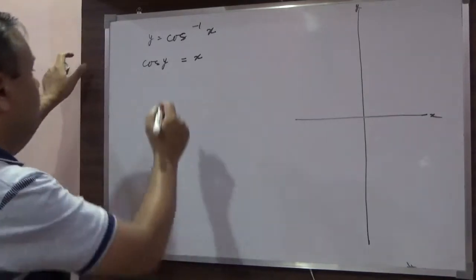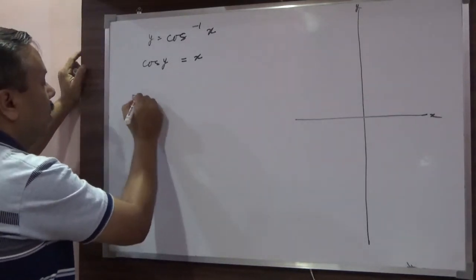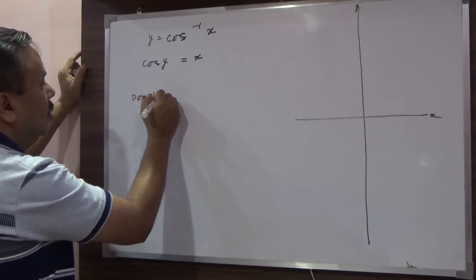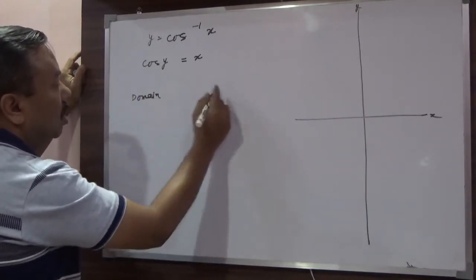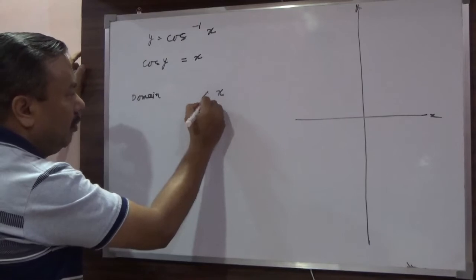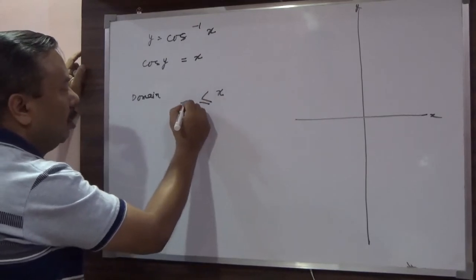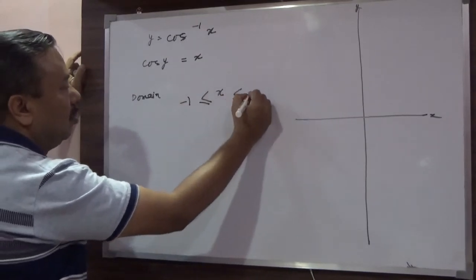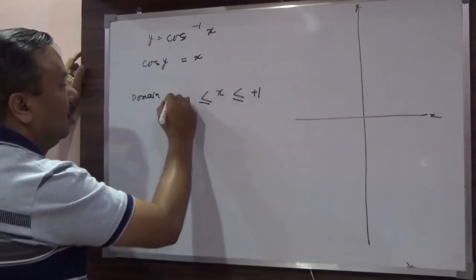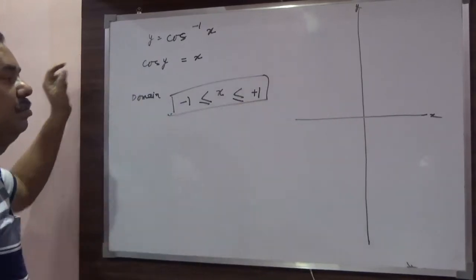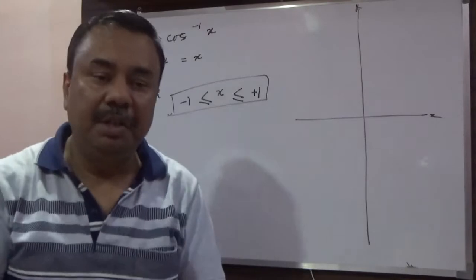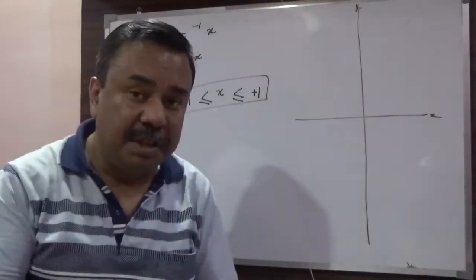So once again, your domain will be x greater than or equal to -1 and less than or equal to +1. So this will be the domain. Very easy. Now what will be the range?